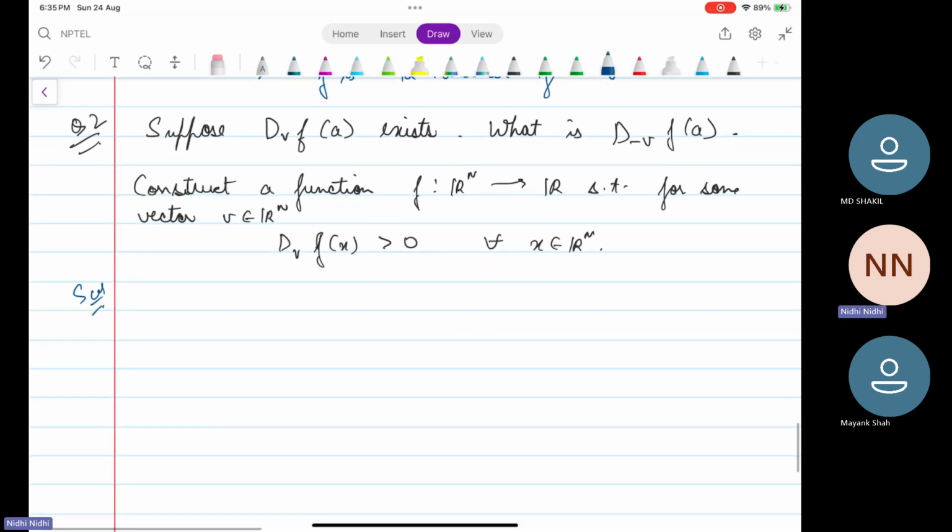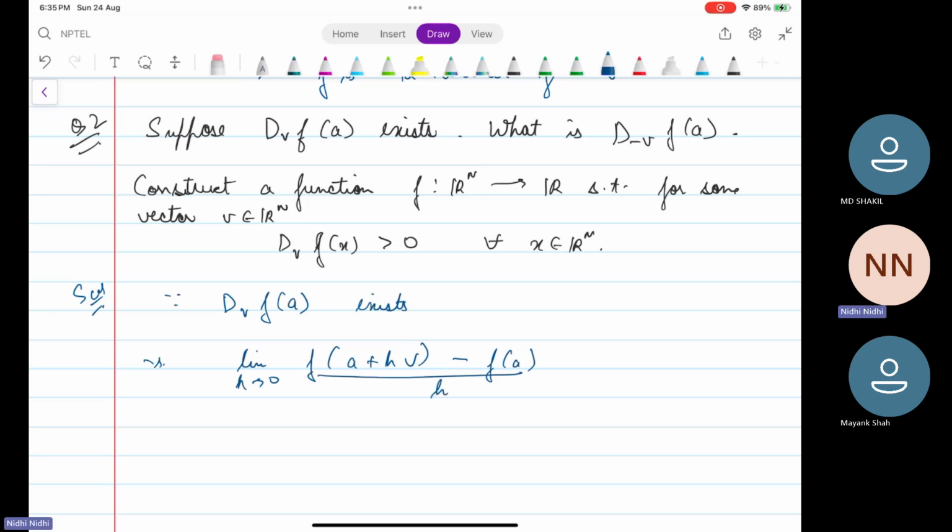So since D_v f(a) exists, therefore, since the directional derivative of f in the direction of v at point a exists, this implies the limit as h tends to 0 of (f(a + hv) - f(a))/h exists.